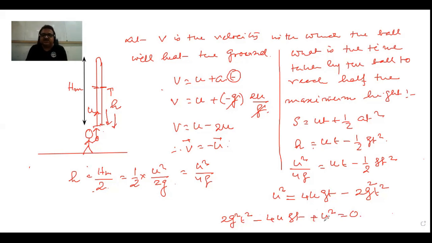Correct? Now watch it. It's a quadratic equation. There are only two values of t.